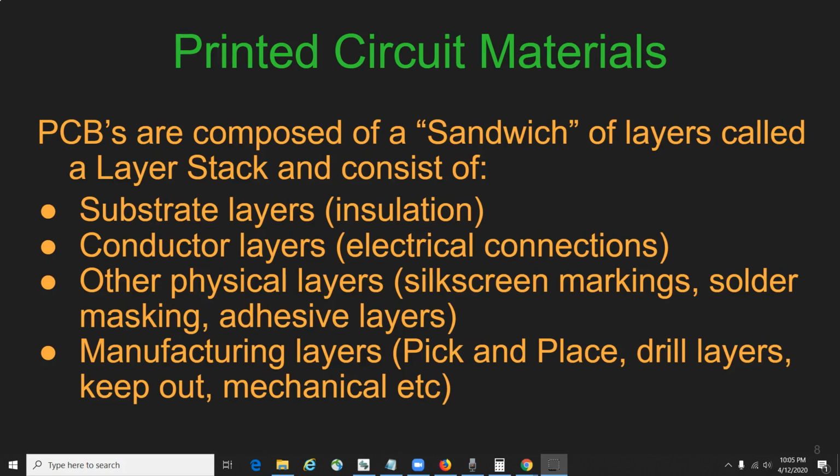This conductor layer is used to provide the electrical connection between any 2 points. And in the PCB, you have multiple conductor layers in order to provide the electrical connections. Next come the other physical layers like silkscreen markings, solder masking, adhesive layers.